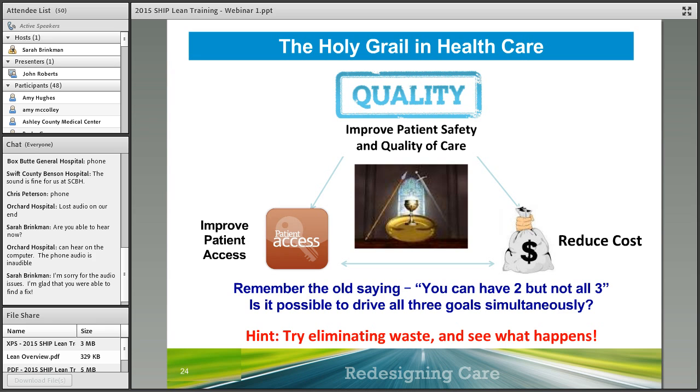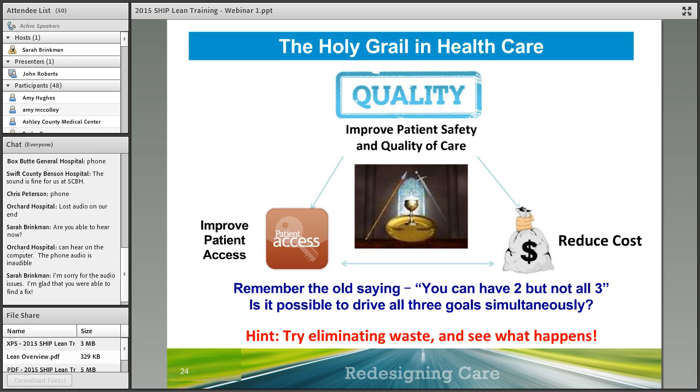We think lean eliminates or reduces that argument by eliminating waste. We can increase quality, we can reduce cost, and we can maintain access to care, and do all those simultaneously. So we think lean has a great opportunity to address the three major areas of healthcare.